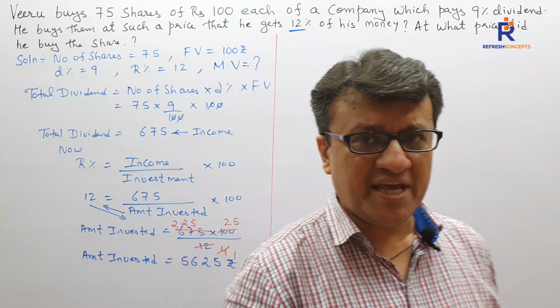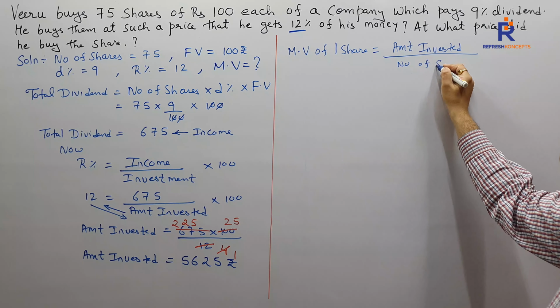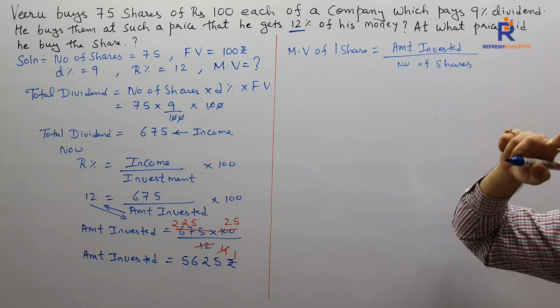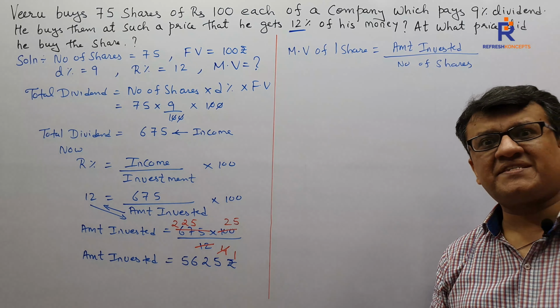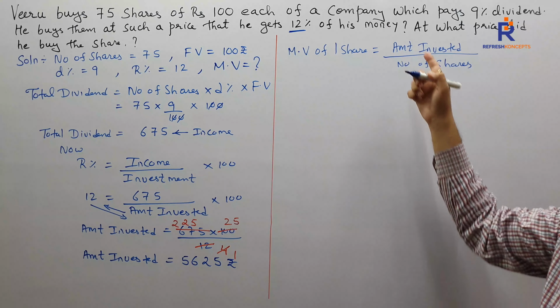So what is market value of one share? Market value of one share is nothing but amount invested upon number of shares. You remember the very first formula in our very first slide? Number of shares can be found out by amount invested upon market value of one share.